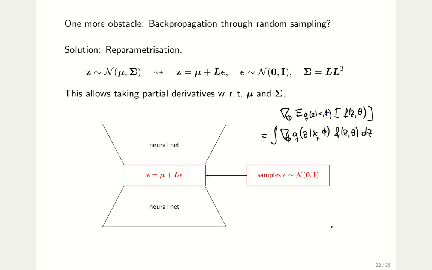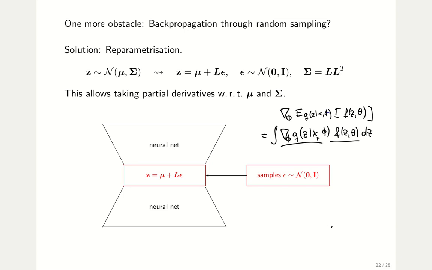Okay. So we pulled in the derivative, and at first glance it doesn't look too bad because this is unchanged and we know this thing. And this is a neural network, and we're taking a derivative with respect to its parameters. That's also doable. That's the normal backpropagation algorithm.